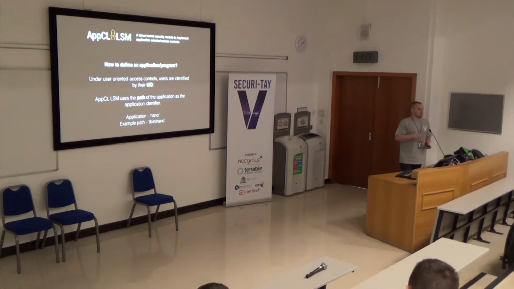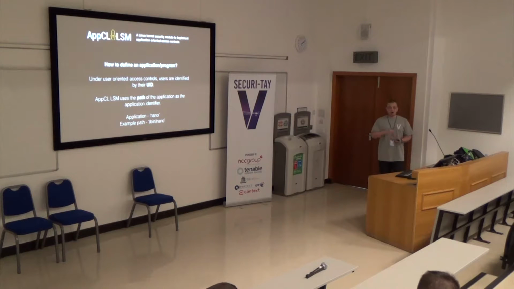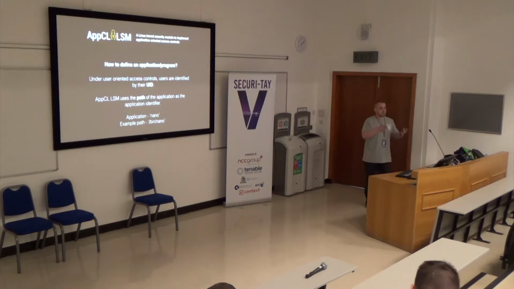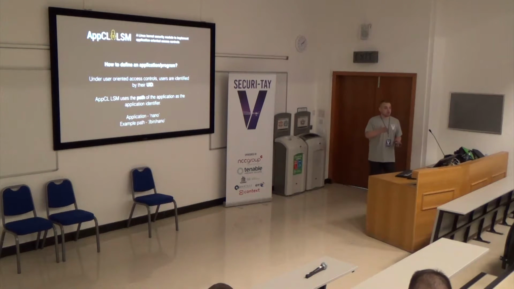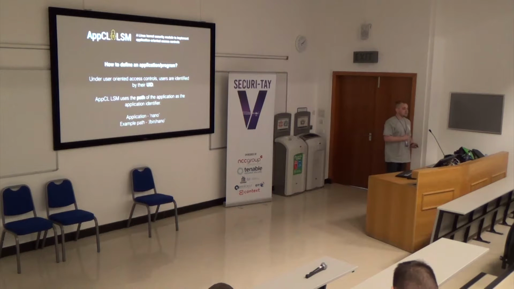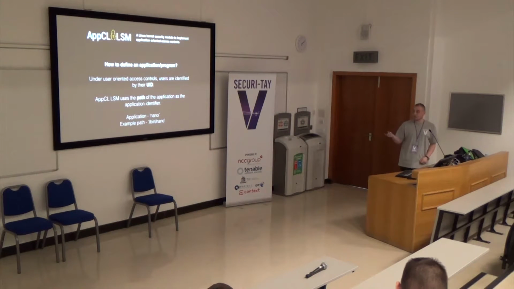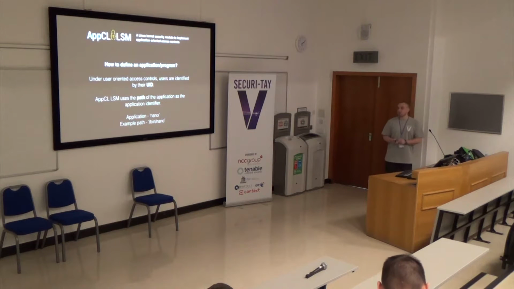One of the reasons for this is the aim for a high level of effective security for users to be able to understand what they're doing. If you get a user to specify an application by the path, people will be able to understand that and see what's going on. So an example there with our application nano, we've got the path /bin/nano for that.